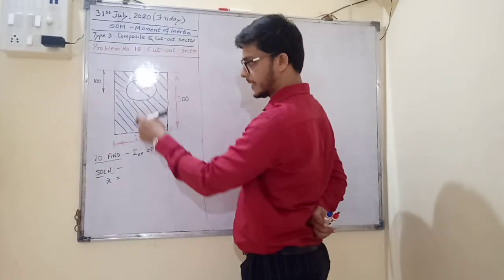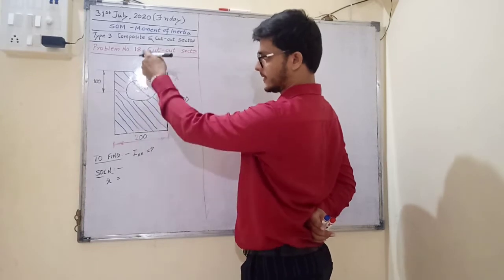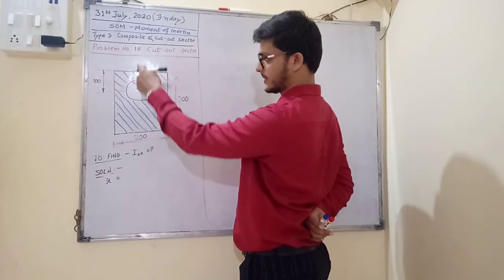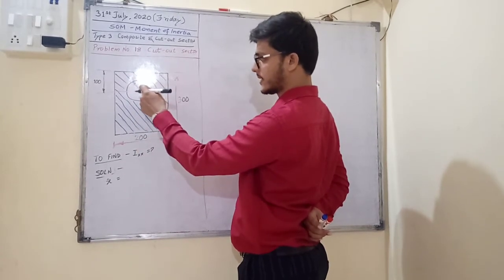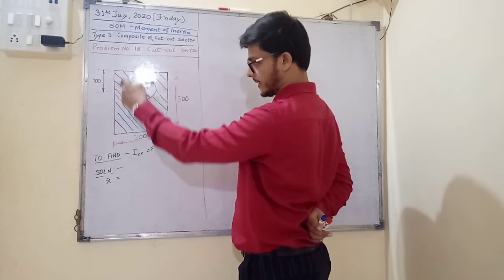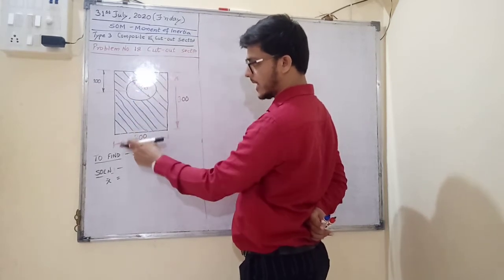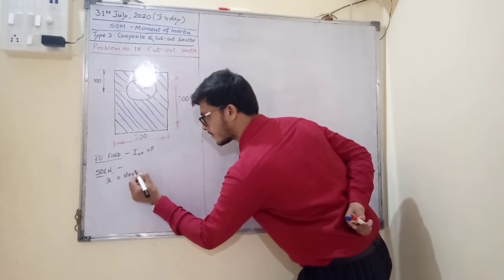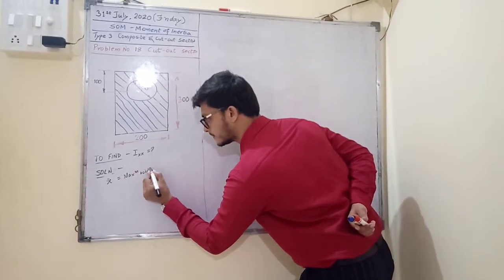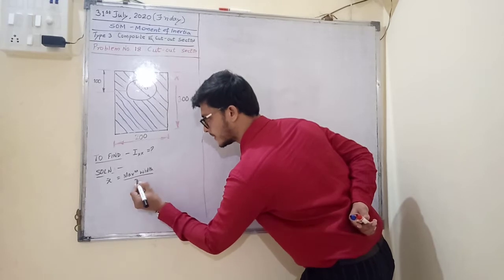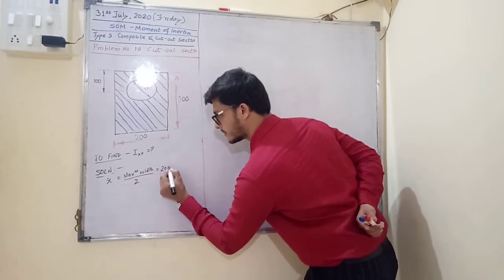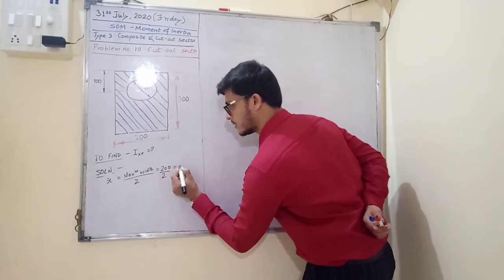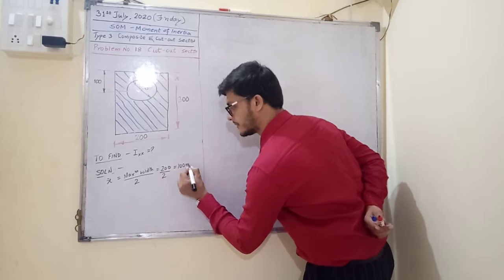Since it is symmetrical about the vertical axis, see this figure is symmetrical about this vertical axis. The circle is also in the center, and this rectangle. So x bar will be half of 200. X bar will be maximum width half, that is 200 by 2.